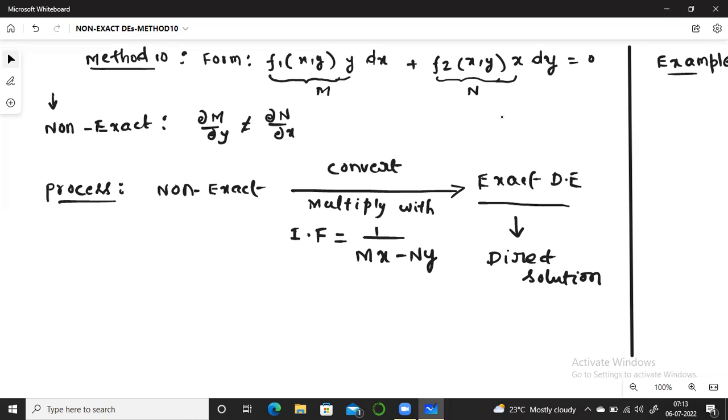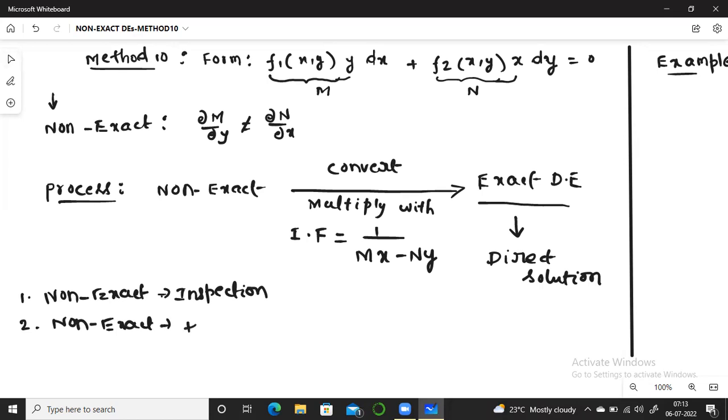Now we will see an example, but before that, remember, in the beginning we have seen different methods for non-exact equations. First, non-exact equations can be solved by using the inspection method. Number 2, non-exact but homogeneous.